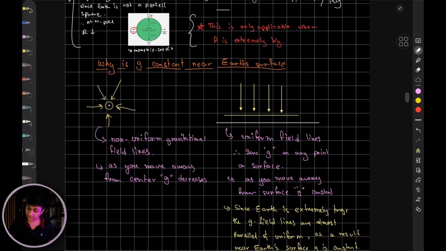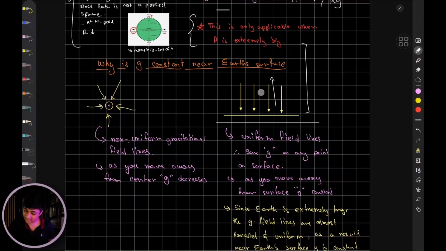And that is also why your field lines turn out to be approximately uniform, which is why up to a certain height above the surface, your amount of gravity or gravitational field strength does not change, because the field lines have uniform separation as you move away from the surface.